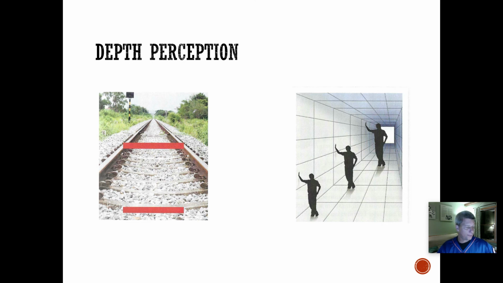Now, I told you that I would show you a picture, and this one is the linear perspective. This is obviously an image of a set of railroad tracks, and if you look at this picture and look at the two red bars, if I ask you which red bar is larger, what are you going to tell me?